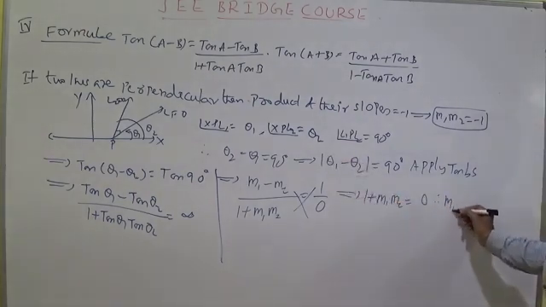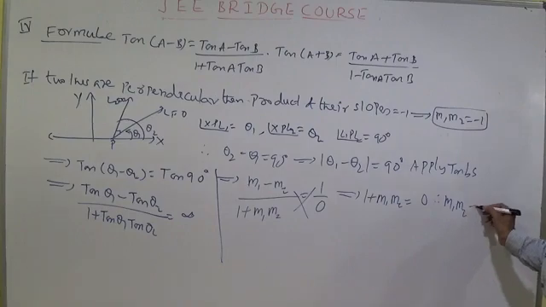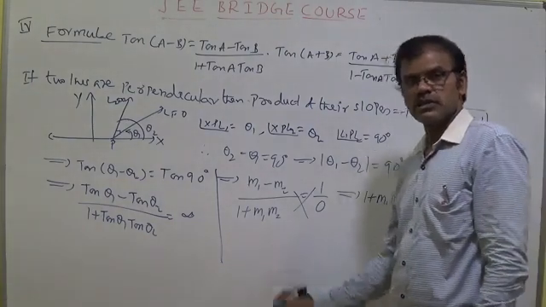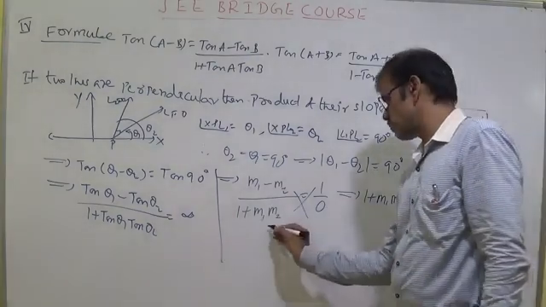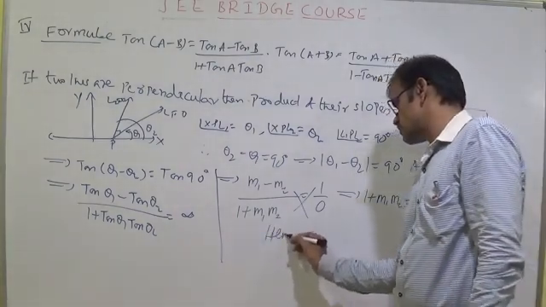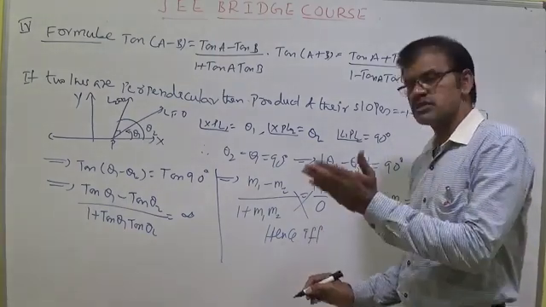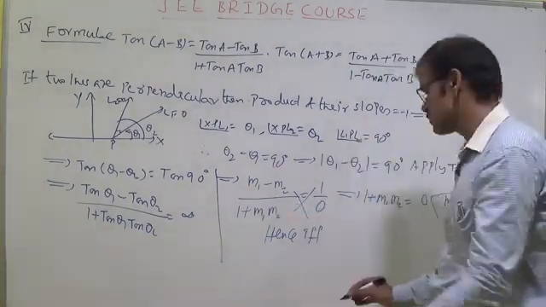Therefore, you can write now m1 m2 equal to -1. Hence, you can say that if two lines are perpendicular, IFF means this side to that side and that side to this side.